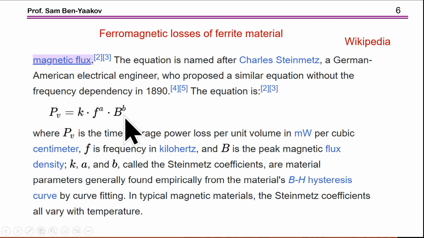If there is some material like 3F3 for example, or Ferroxcube, the manufacturer tests it and fits the results of the losses to this equation, and by this extracts these constants. This is very well known in the literature and widely used by engineers, of course.